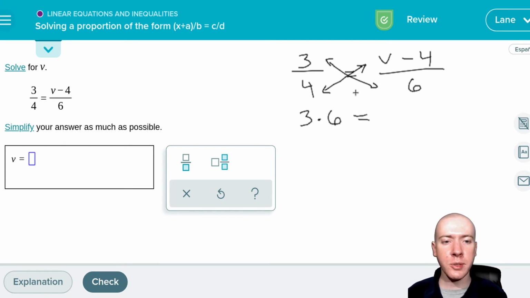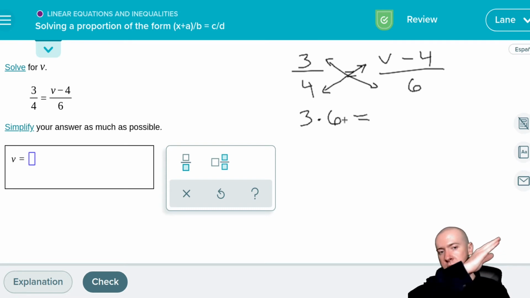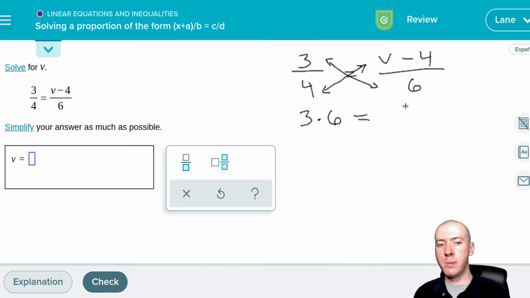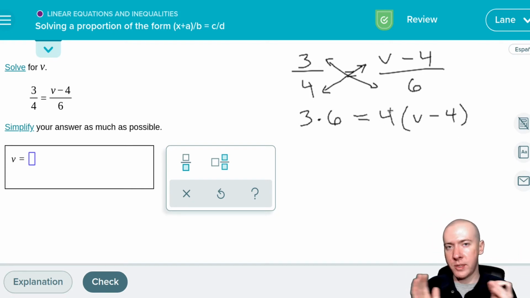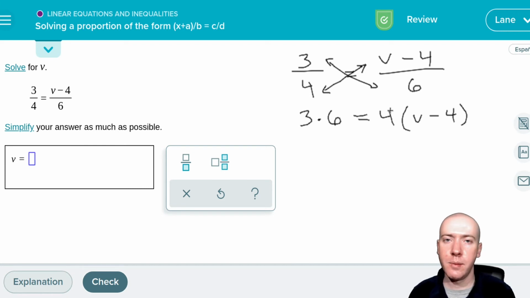Then I'll put my equal sign, and on the right-hand side of the equation, I'm going to put the other multiplication, which is going to be 4 times v minus 4. So the v minus 4 needs to be written in parentheses. And by putting the 4 right up next to that parenthesis, that means multiplication, right?